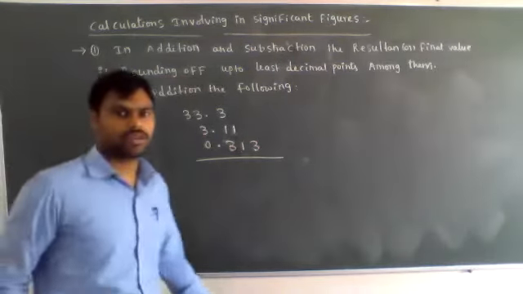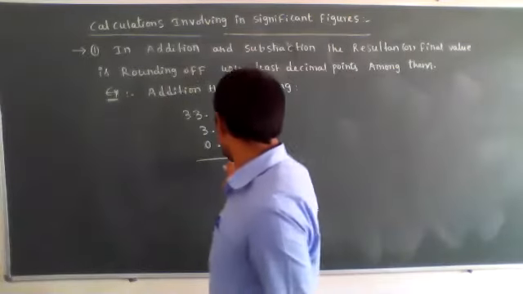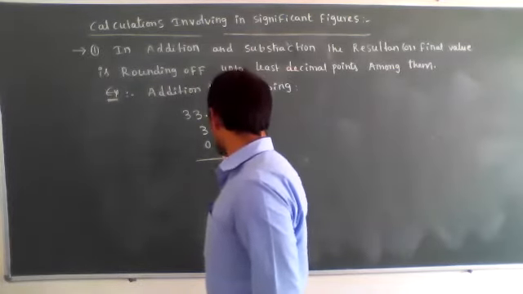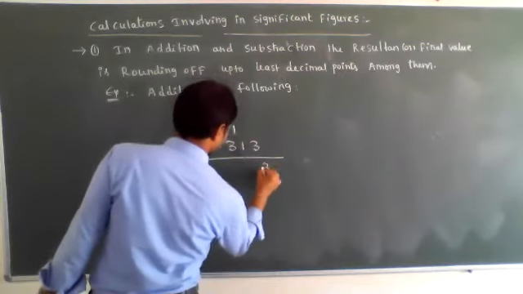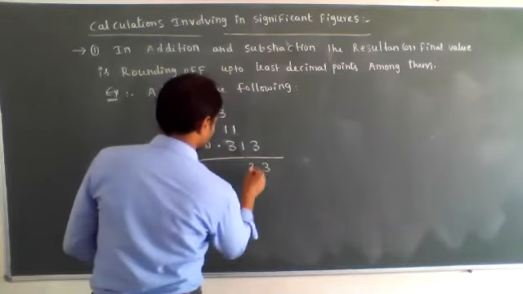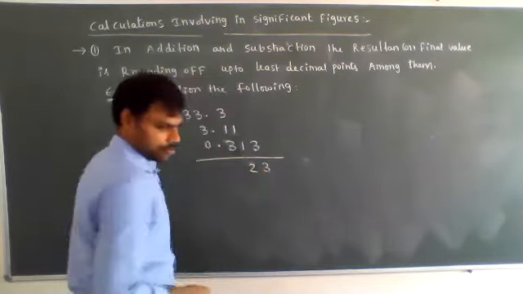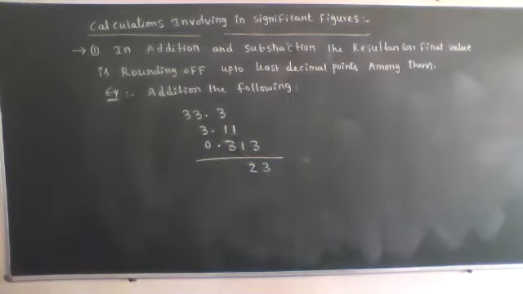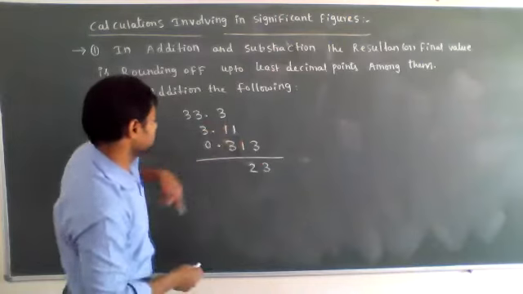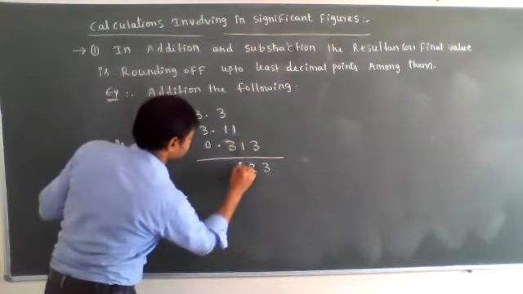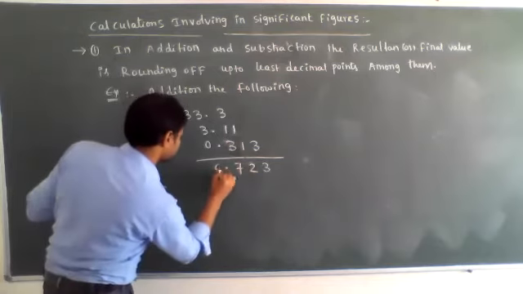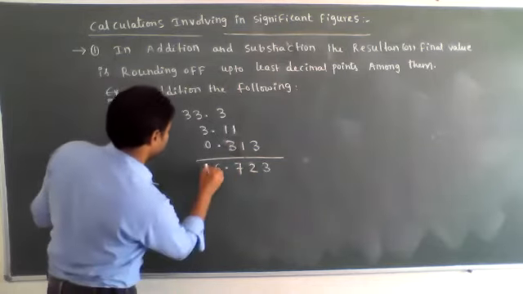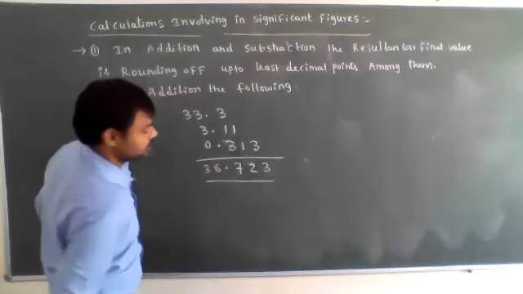These numbers we have to add. So what is the resultant value? First you have to add normally. We get 36.723.